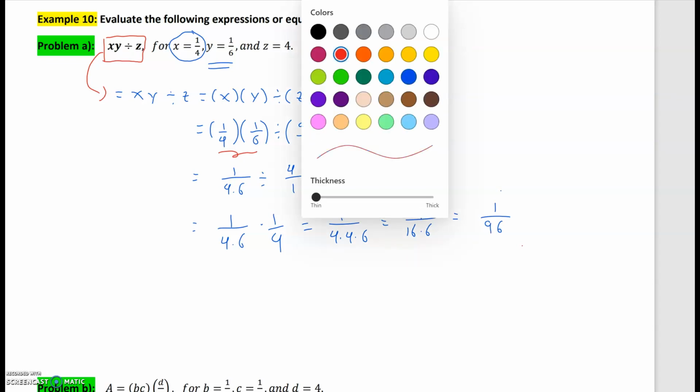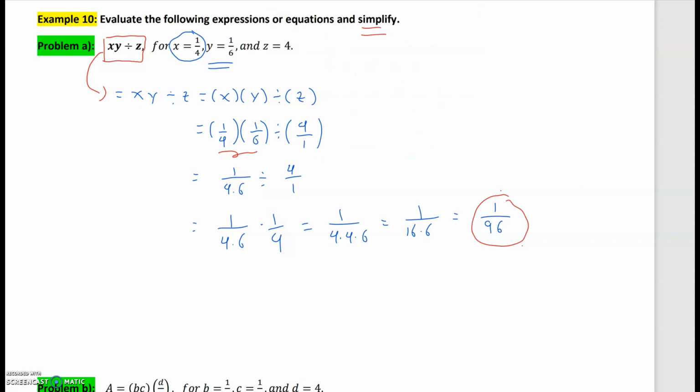That will be our final answer. And let me just double check. 16. Yep, that's our final answer. So this particular expression, once you plug in those values, ends up being 1/96.